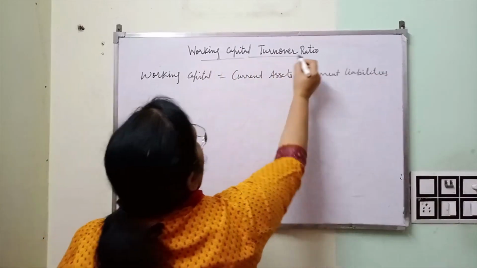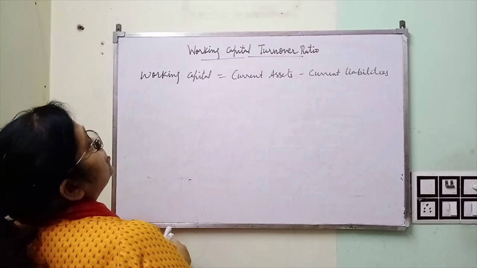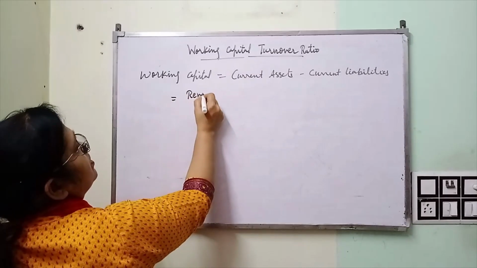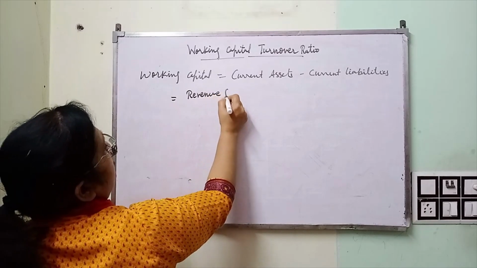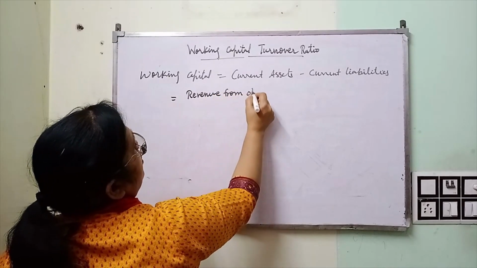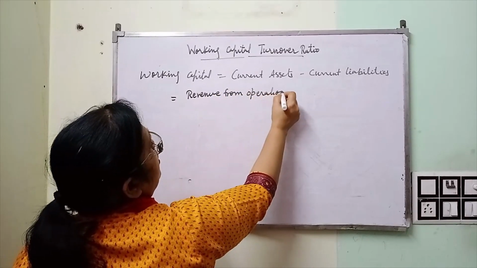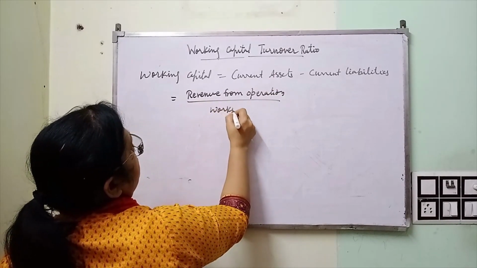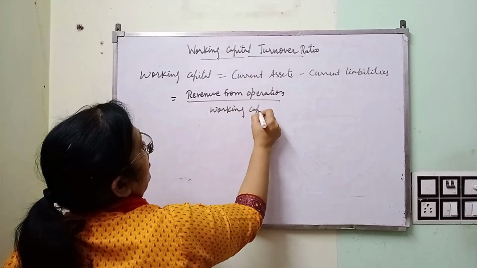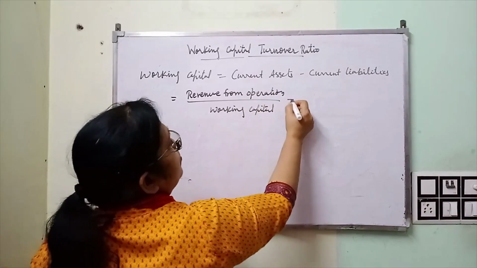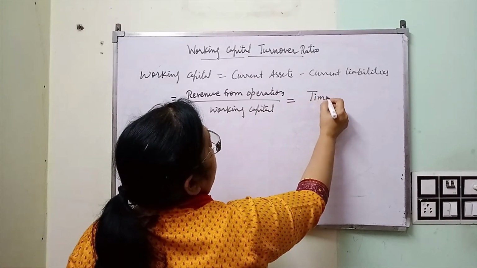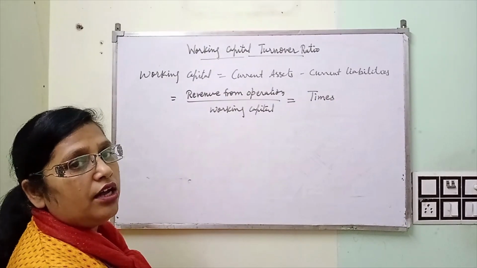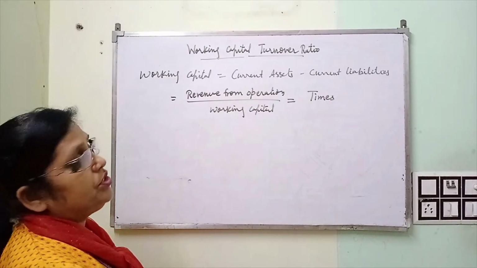It means working capital turnover ratio shows the relationship between revenue from operation upon working capital. It is also calculated in terms of times. As you know that all the activities are calculated in terms of times.